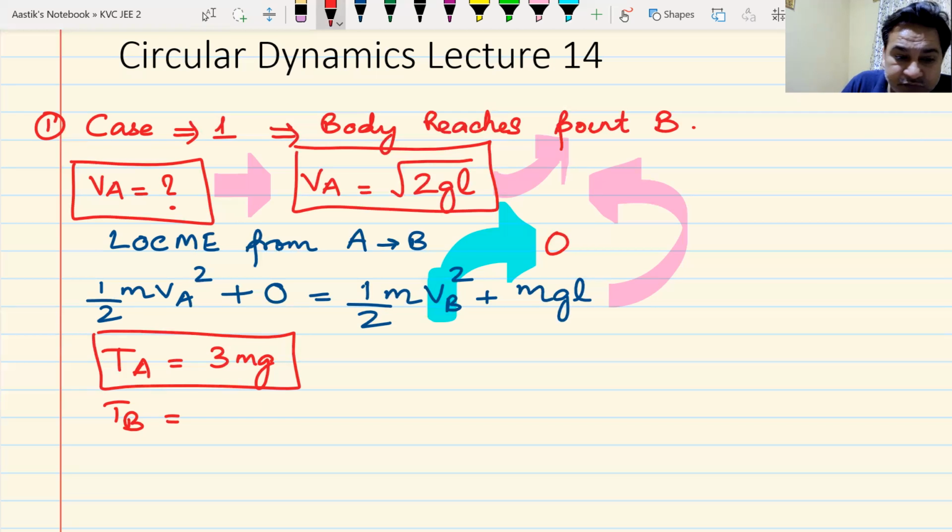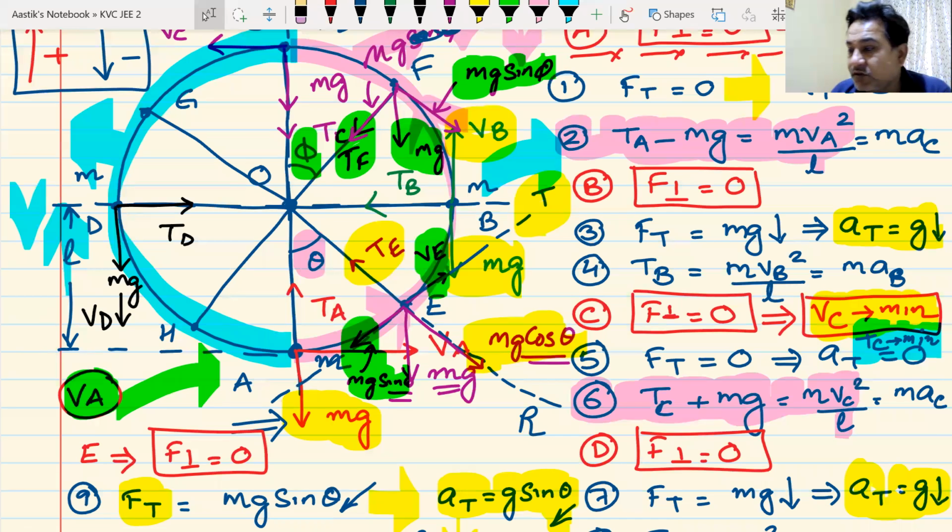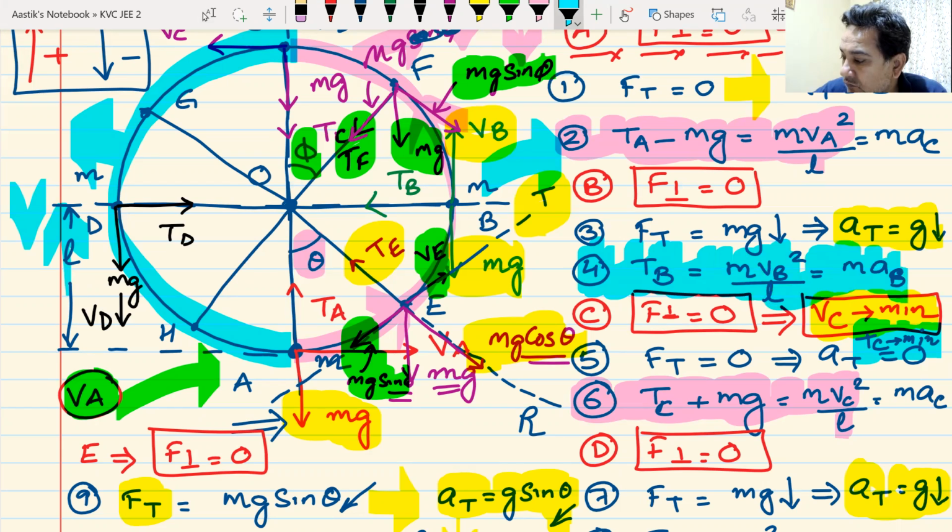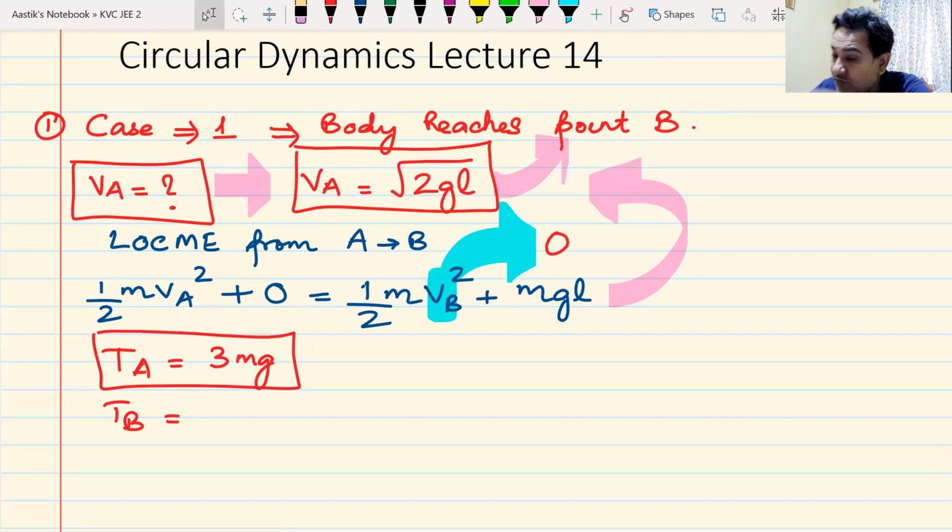Which equation should I use? I've already written those equations here. Equation number 4 is what we are looking at, the blue one, which I'm marking as blue. It's 0, sir. Yes, it is going to be 0. If the velocity is 0, tension at point B will also come out to be 0.